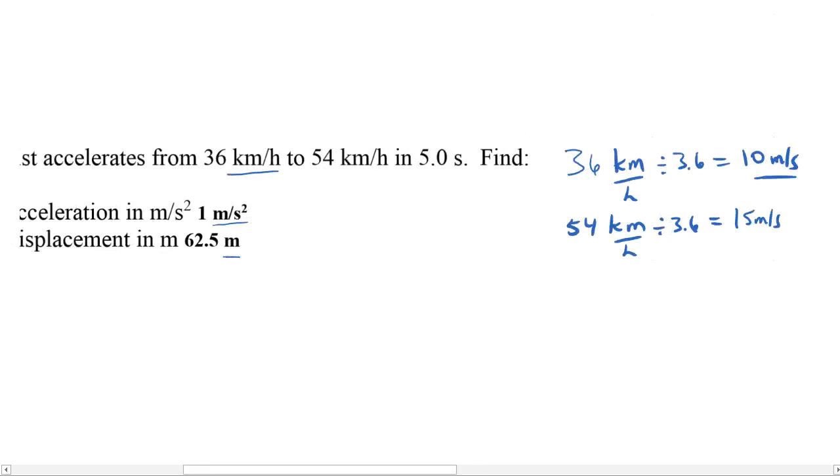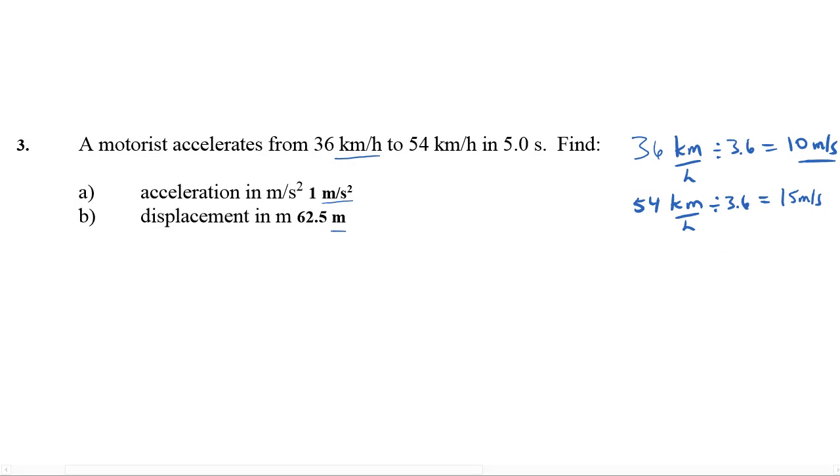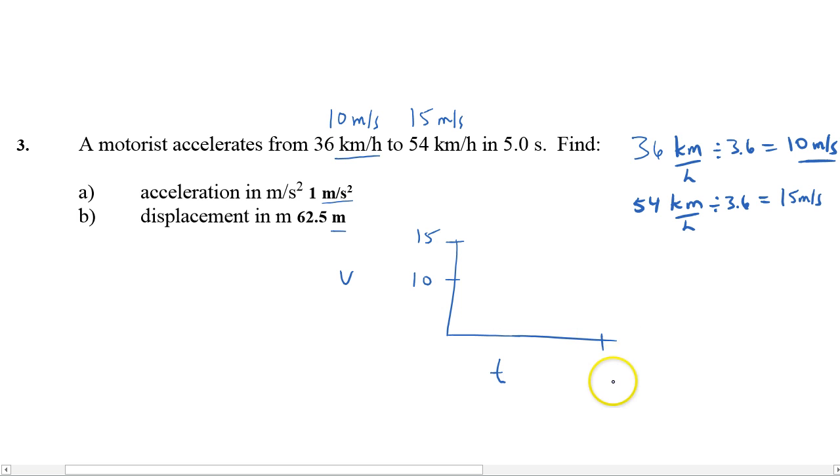Okay, so just to help you with this one, it says it starts at 10 meters per second, and then it ends up at 15 meters per second. So 10, 15. So here's my velocity, here's my time. Okay, and it goes for 5 seconds.